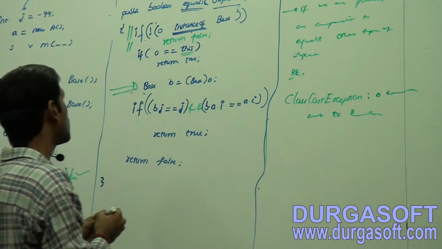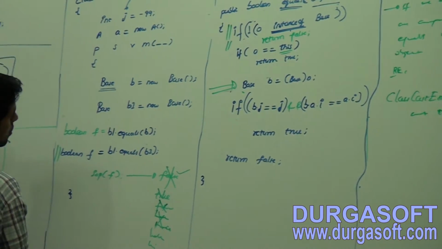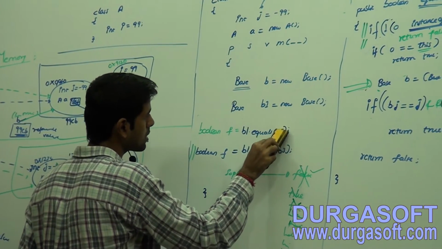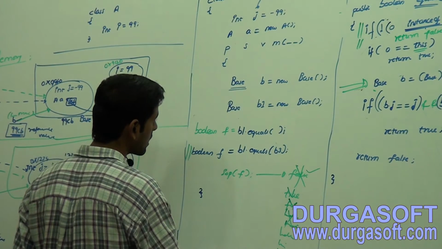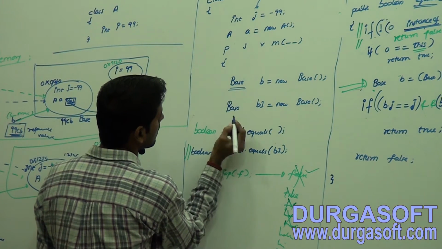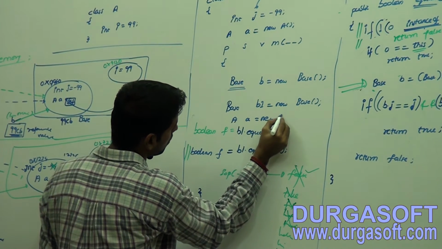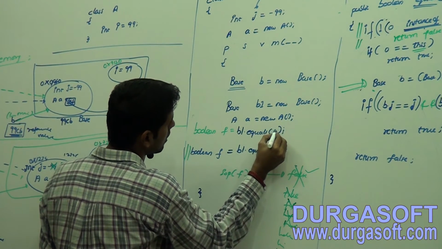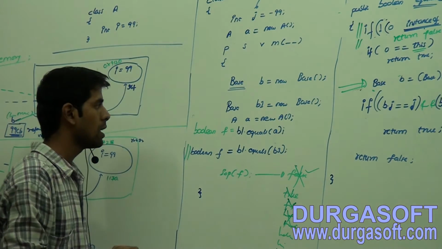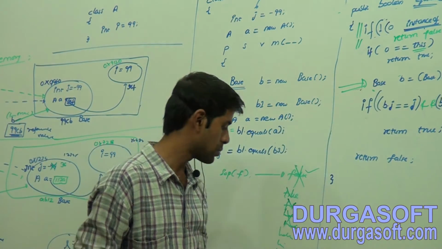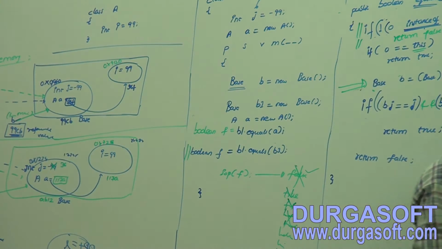Now to raise that exception, let me pass here another instance variable, a equals new A. Pass a. Now you will get a ClassCastException at this statement.